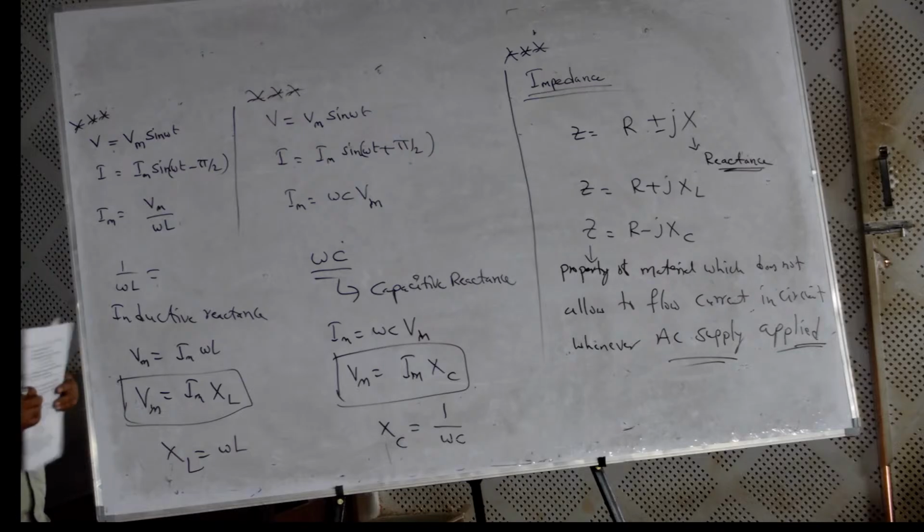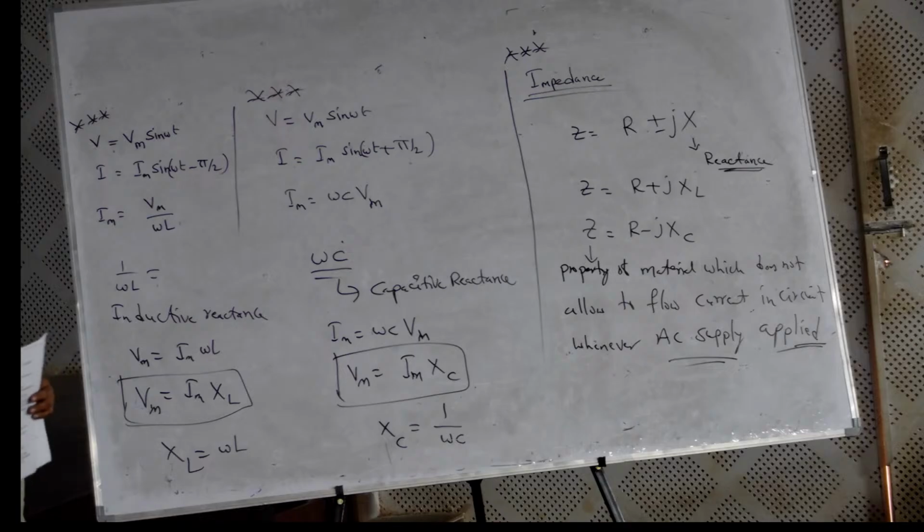Calculate current. Second one, power consumed. Third one, phase angle. Fourth one, voltage equation and current equation. So it is very, very easy. It looks like 4 lines, but it is very, very easy.